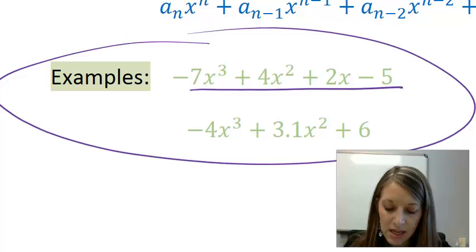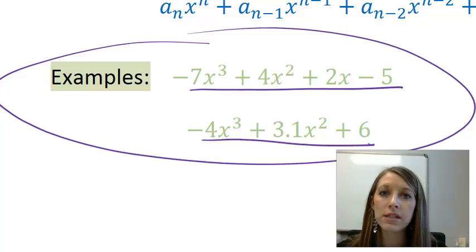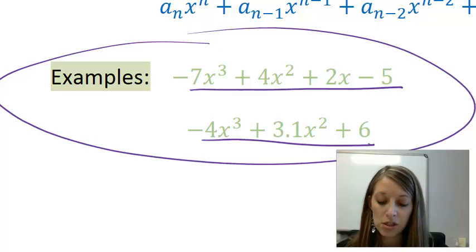I have two examples, and these are what typical polynomials look like. They're a string, or a sentence, of mathematical operations, and they only have nice operations in them. Notice we have addition, subtraction, multiplication, and positive exponents, but nothing else typically in it. Typically no square roots, no absolute values, no fractions, or anything else of the sort.